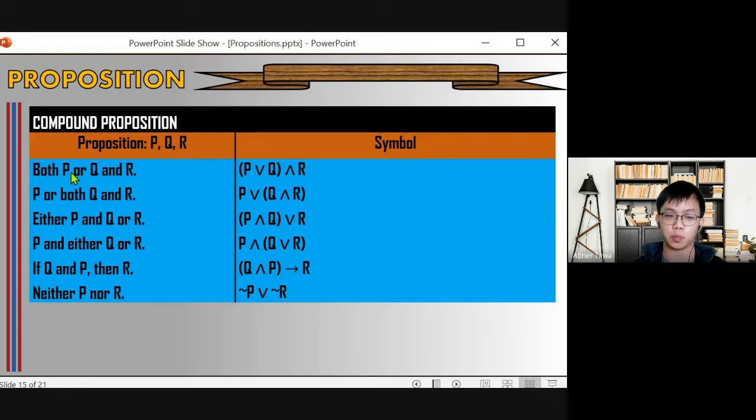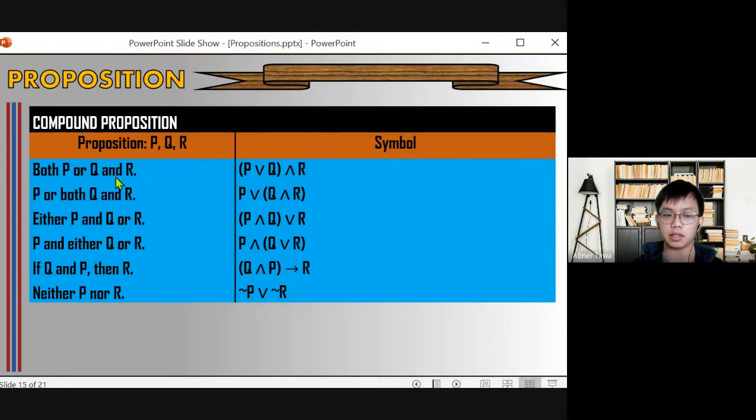So pag both P or Q, therefore, magkasama yung P or Q. And P or Q, and R. So if we're going to symbolize this one, since magkasama yung P or Q, then we're going to group them as one using parentheses. So we have here open and close parentheses, P or Q, and R.